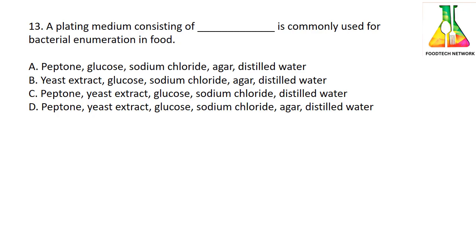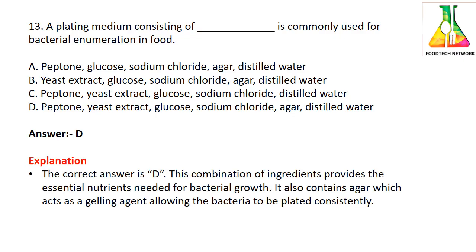Option D peptone, yeast extract, glucose, sodium chloride, agar, and distilled water. D. This combination of ingredients provides the essential nutrients needed for bacterial growth, and it also contains agar, which acts as a gelling agent, allowing the bacteria to be plated consistently.